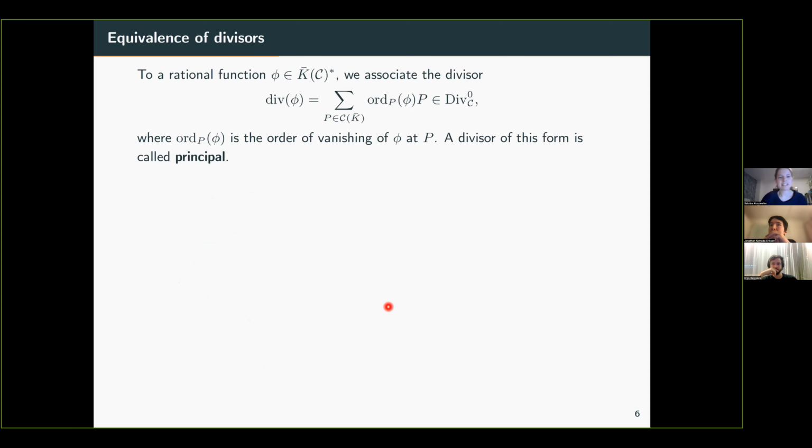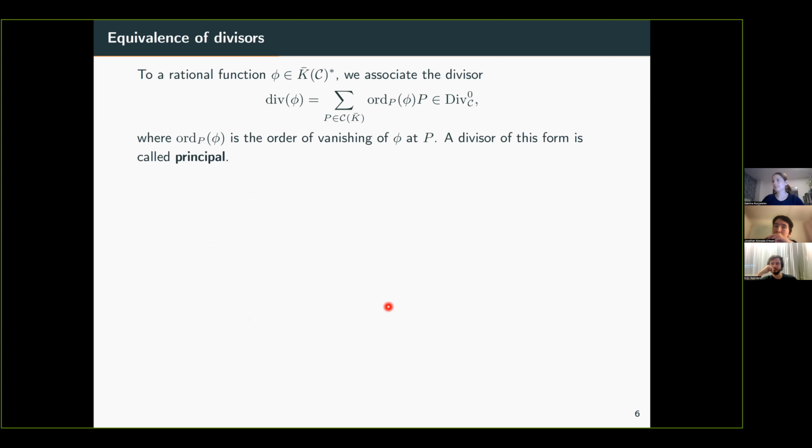Okay, and so now finally, before we can say what the Jacobian of a curve is, we have to talk about the equivalence of divisors. So until now, one could think we are happy because we have a curve and we somehow have a group structure from the divisor group on this curve.